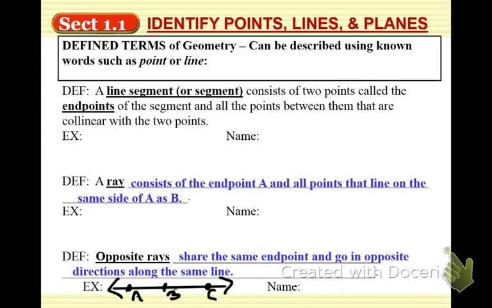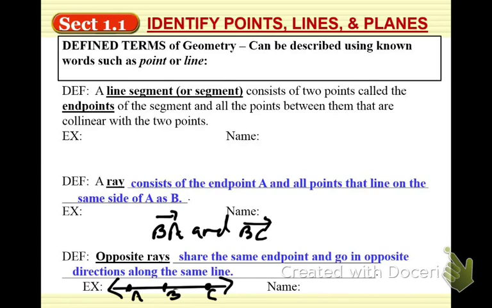So that's line AC, but you can also find two opposite rays. The two opposite rays are going to share an endpoint and then go off in opposite directions so that they are on the same line. And so if you want to talk about opposite rays, then ray BA and ray BC would be opposite rays.